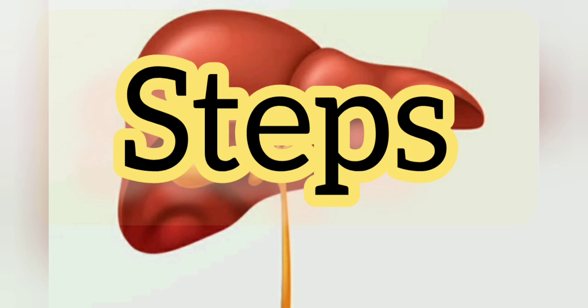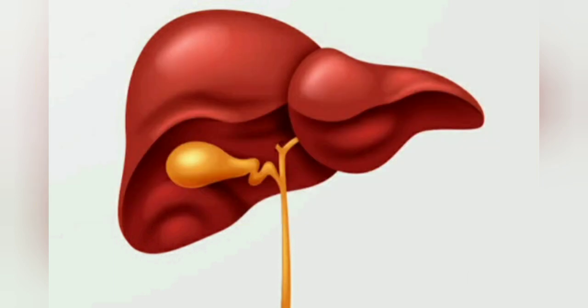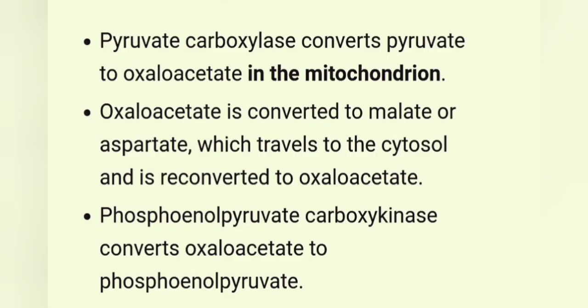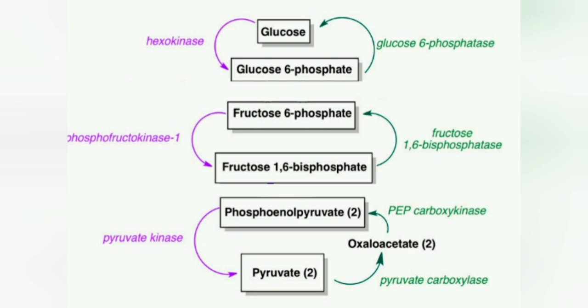Now we will talk about the steps of gluconeogenesis. So first and foremost step is what we see. Pyruvate carboxylase converts pyruvate to oxaloacetate in mitochondria. Oxaloacetate is then converted to malate or aspartate, which travels to the cytosol and is reconverted to oxaloacetate.